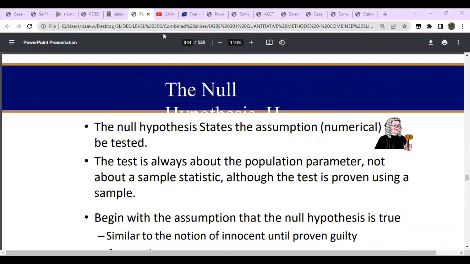Now, the null hypothesis, H0 or H naught, states the assumption or numerical value to be tested. So in the previous slide, the numerical assumption to be tested was 3, because they said in a typical Ghanaian home, the average TV set in the home is 3.